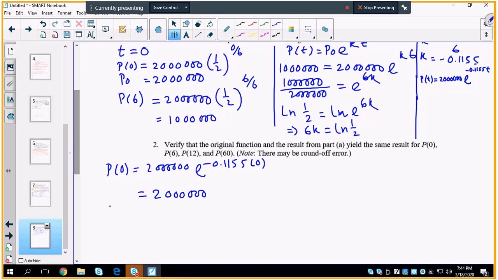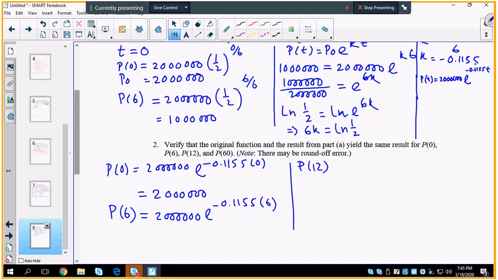P of 6, remember, I'm going to put t equal to 6, so I will get 20,100,000 e to the power minus 0.1155 times 6, and we will evaluate that in the calculator very soon. Then I will do P of 12.